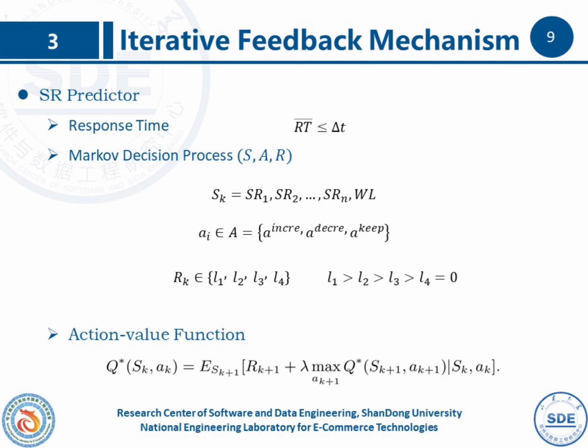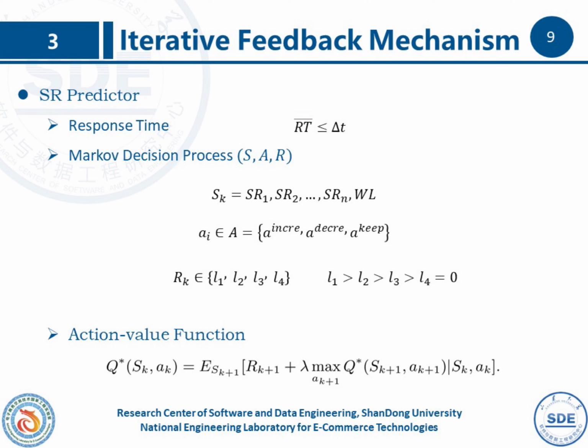A state is defined as a vector that includes the allocation of different software resources and the workload. There are three candidates for action selection in each tier of the system: increase, decrease, or keep. The action in tier i is described as a_i.